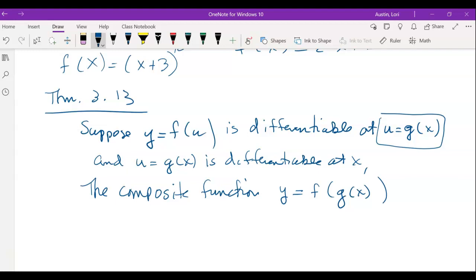That's a function inside a function. The composite function is differentiable at x. And we can do the derivative two different ways, and we can express the derivative the following ways.